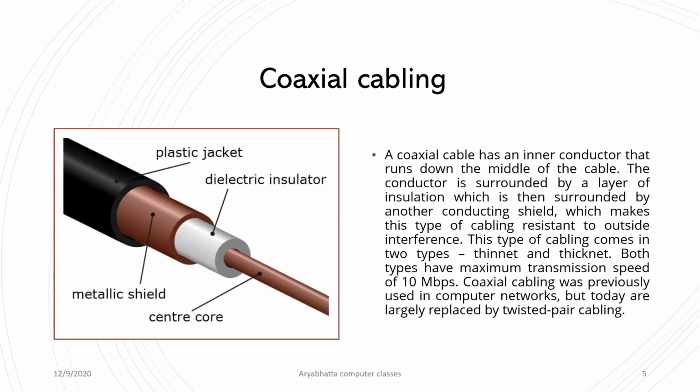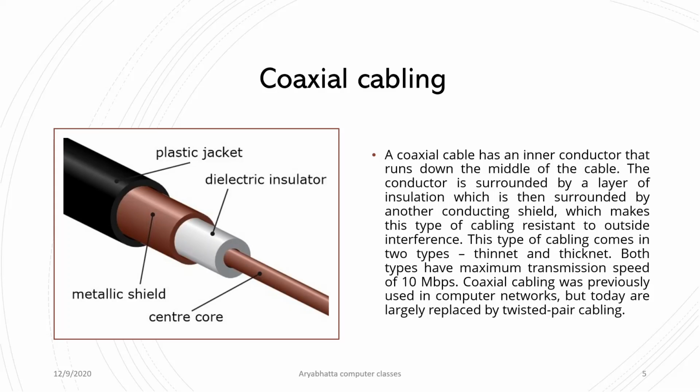First one, we have the coaxial cable. You can see in the picture on the left side of the screen, the coaxial cable has a plastic jacket, a metallic shield, a center core, that is the copper wire, and a dielectric insulator. A coaxial cable has an inner conductor that runs down the middle of the cable.